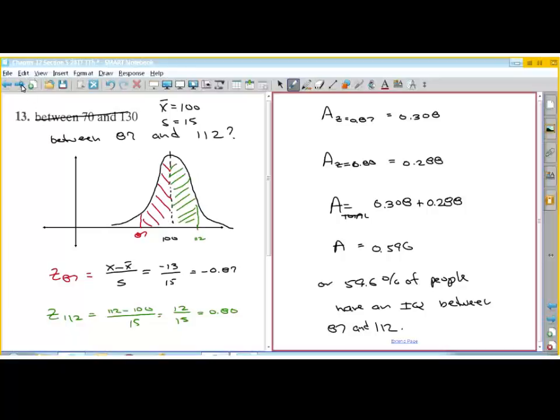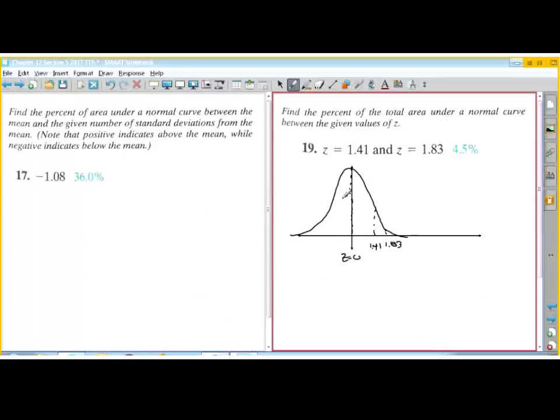Usually it's positive, so we can draw it like this. If you drew a curve when looking at just z-scores, it would be better to center it around z equals 0. So this is 0 on the x-axis. They're looking for between these two values. So remember, these z-scores will give you areas which are from the mean.